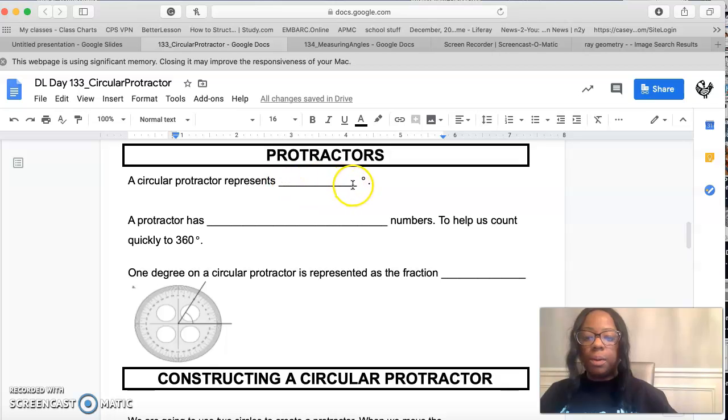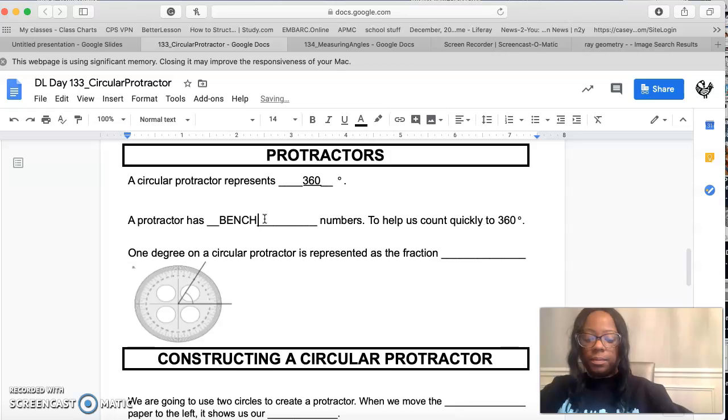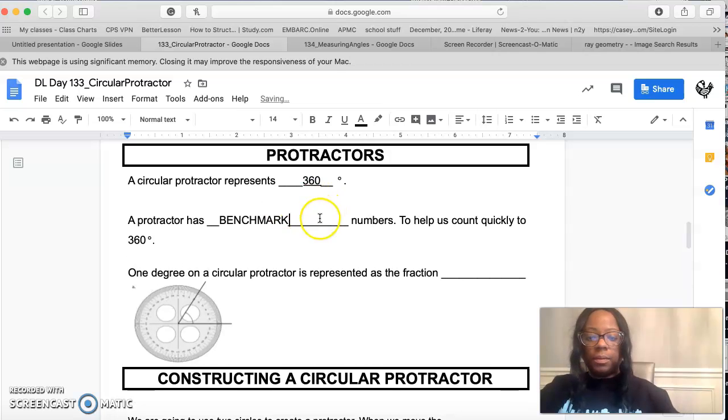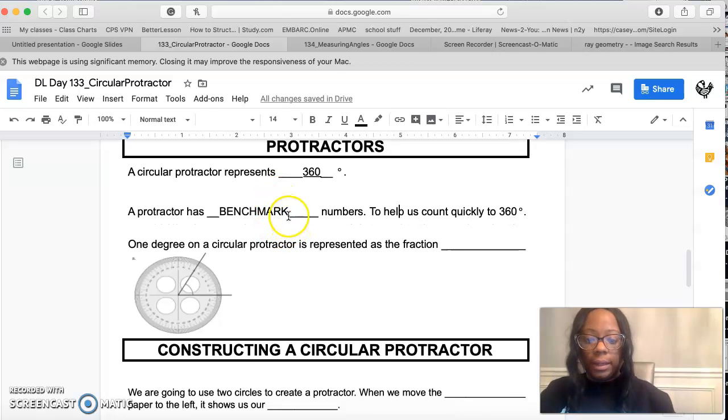A circular protractor represents 360 degrees. Now, a protractor also has benchmark numbers. The benchmark numbers help us to count to 360 quickly.